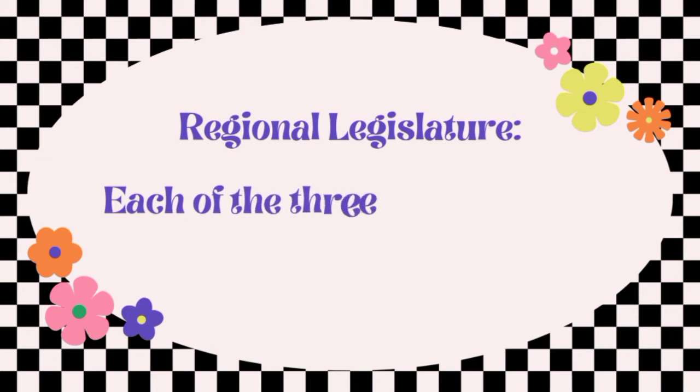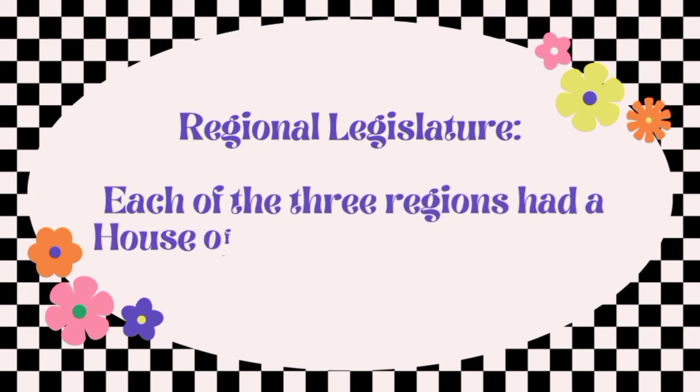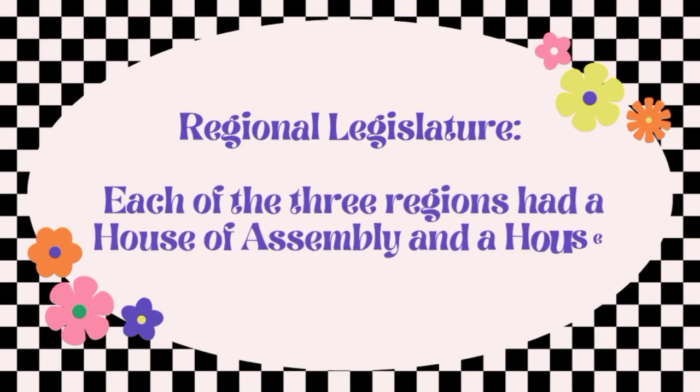There was also the regional legislature, and each of the three regions had a House of Assembly and a House of Chiefs. So the northern, eastern, and western regions were all having a House of Assembly and a House of Chiefs.